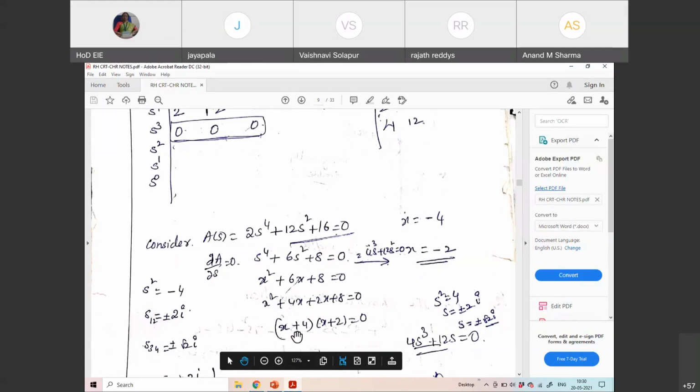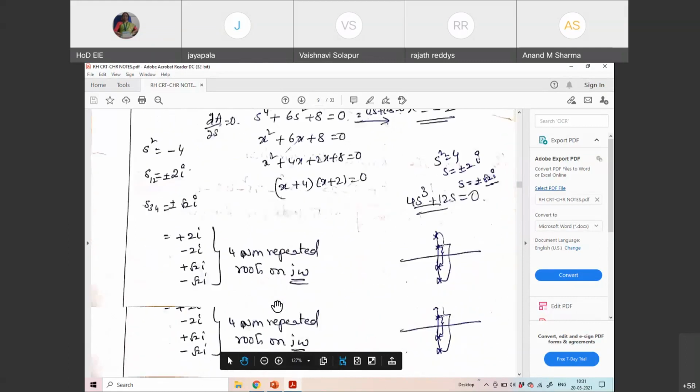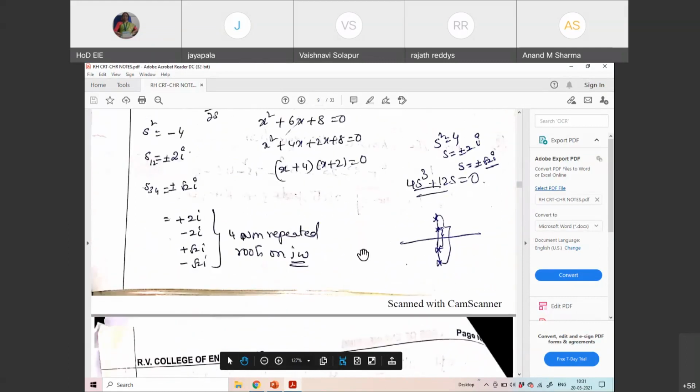And s square is equal to minus 2, so s is equal to plus or minus root 2j. You can see s1, 2 is plus or minus 2j and s3, 4 is plus or minus root 2j. So I have on the imaginary axis 4 roots, correct? So plus 2j, minus 2j, plus root 2j, minus root 2j. I have marked all the 4 poles on the imaginary axis.